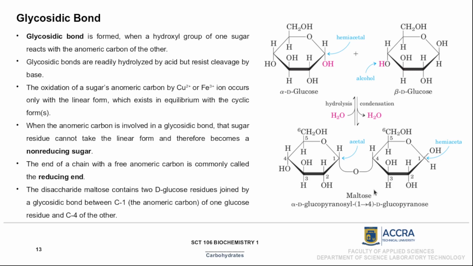Now the end of the disaccharide with carbon number 1 being free is referred to as the reducing end, because this end can react with copper ions and with ferric ions.